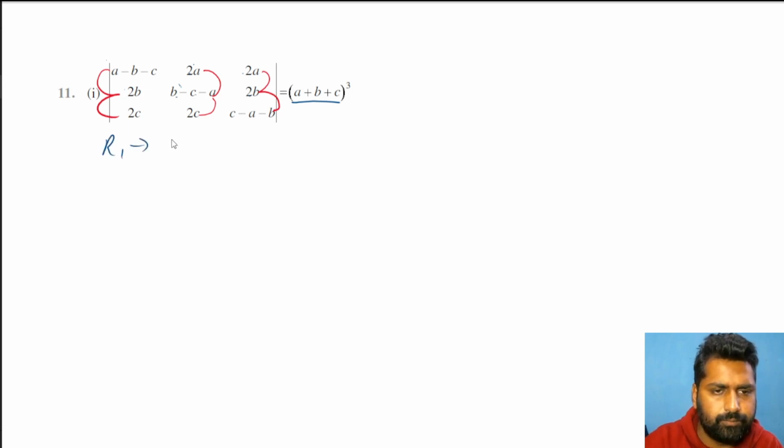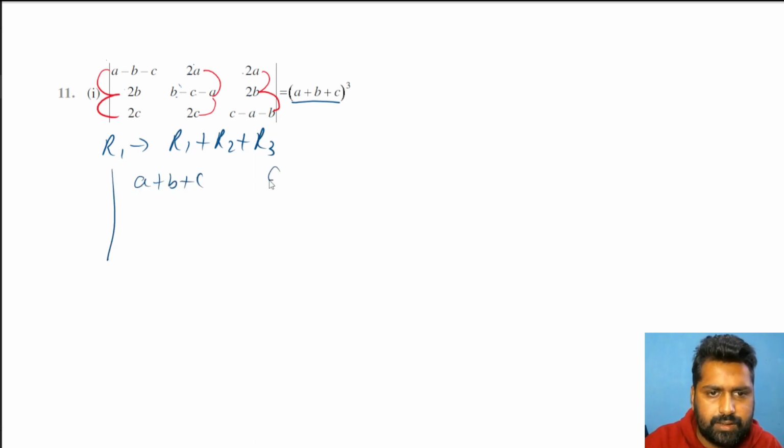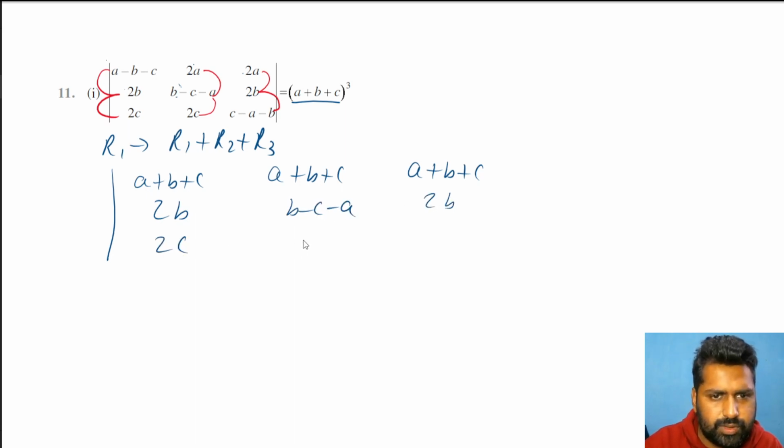R1 goes to R1 plus R2 plus R3. Okay, so it is becoming a plus b plus c, a plus b plus c, a plus b plus c. Then 2b, b minus c minus a, 2b, 2c, 2c, c minus a minus b.